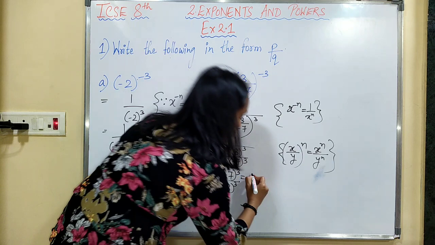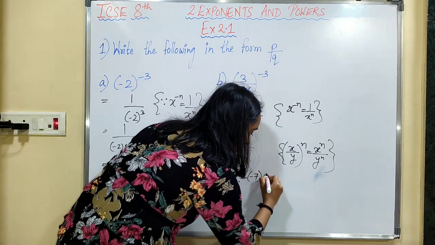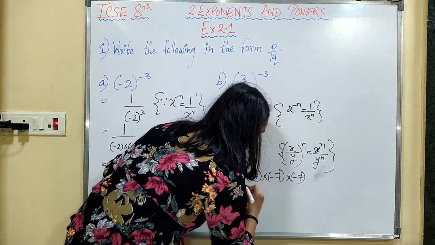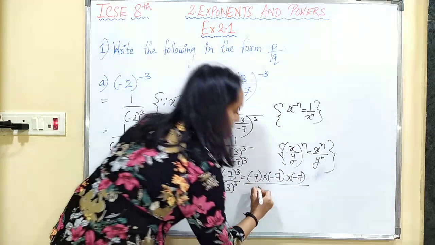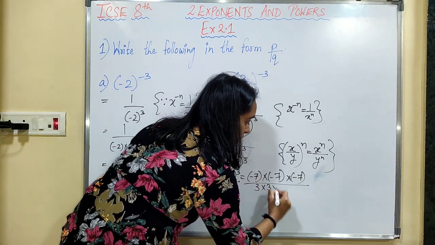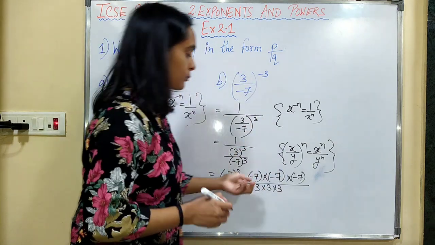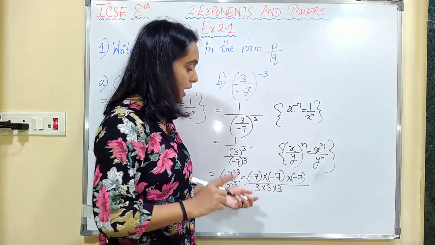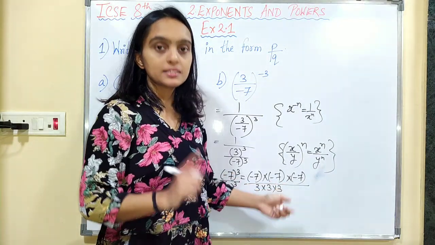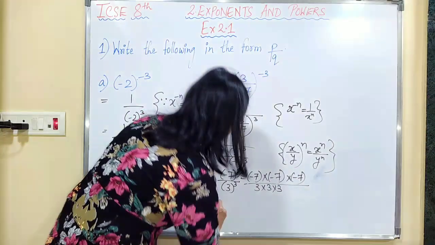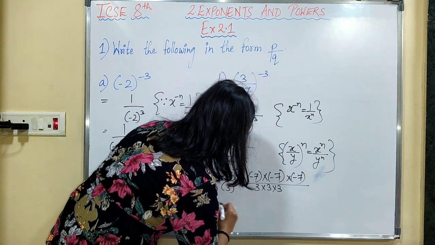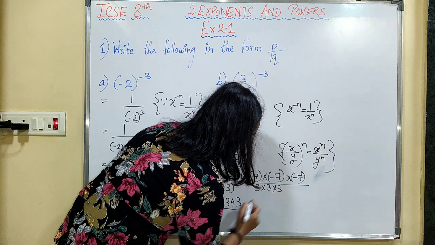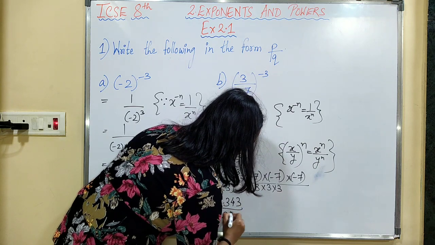So minus 7 cube means minus 7 multiplied by minus 7 multiplied by minus 7, upon 3 cube, which means 3 multiplied by 3 multiplied by 3. Okay. So as you know 7 cube is 343 and 3 cube is 27. So it will become minus 343 upon 27.